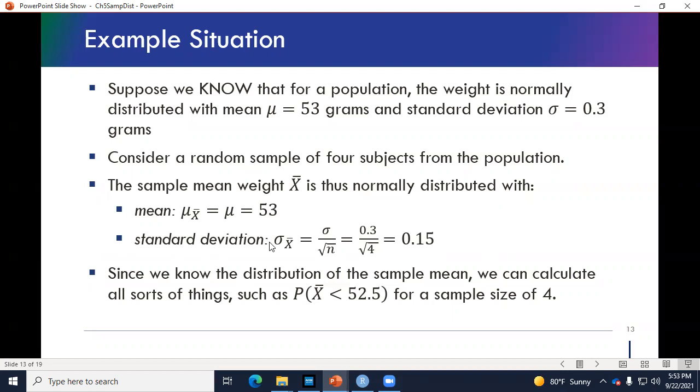And the standard deviation of this sample mean is sigma divided by the square root of n, where sigma is the population standard deviation. I know it's confusing, but just make sure you know that now we talk about the sample mean, X bar, and we're trying to figure out its distribution, and how to calculate it once we know the information about the population.